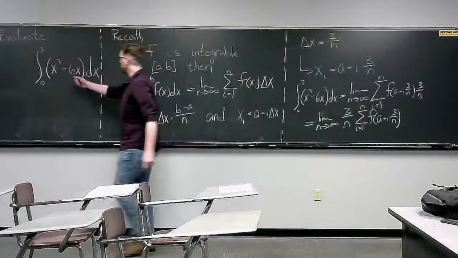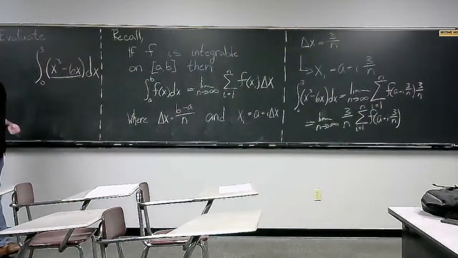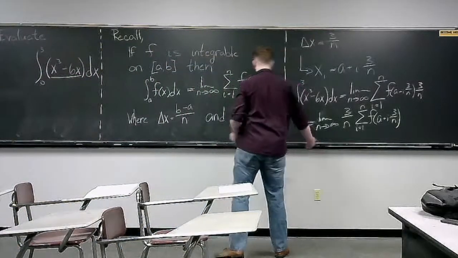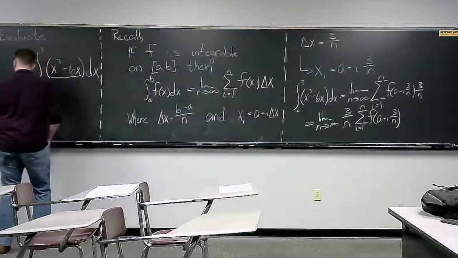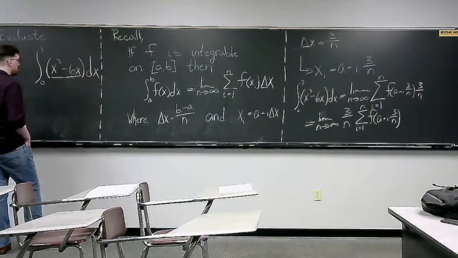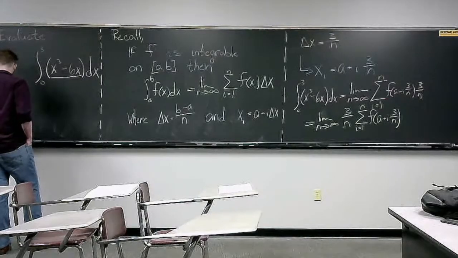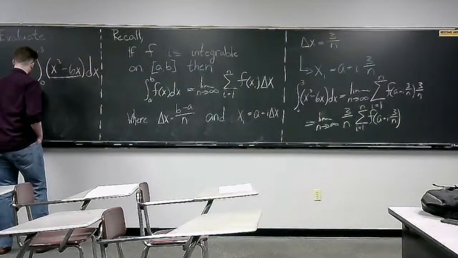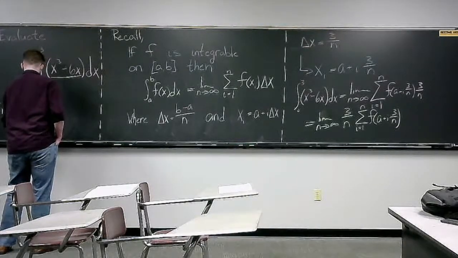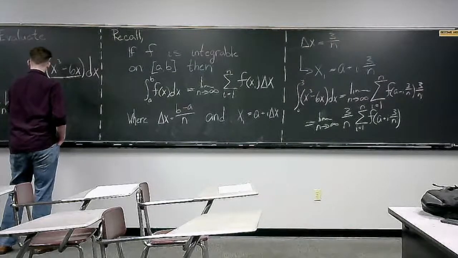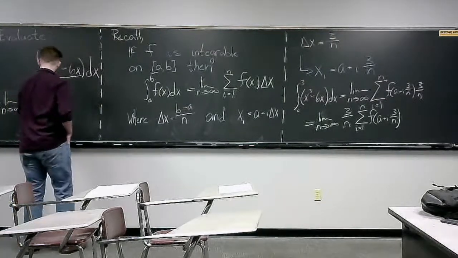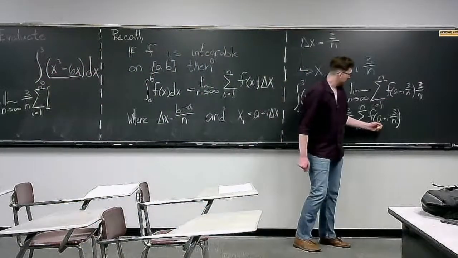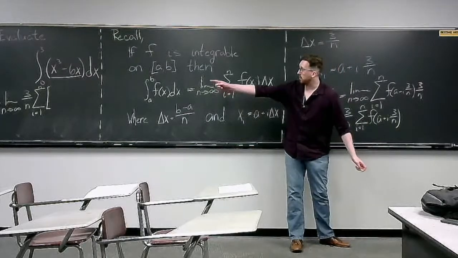Our function is this thing, right? So we could say, and we will say, that this integral is equal to the limit as n goes to infinity of 3 over n times the series from i equal to 1 up to n of our first term in our function, which is going to be x cubed.